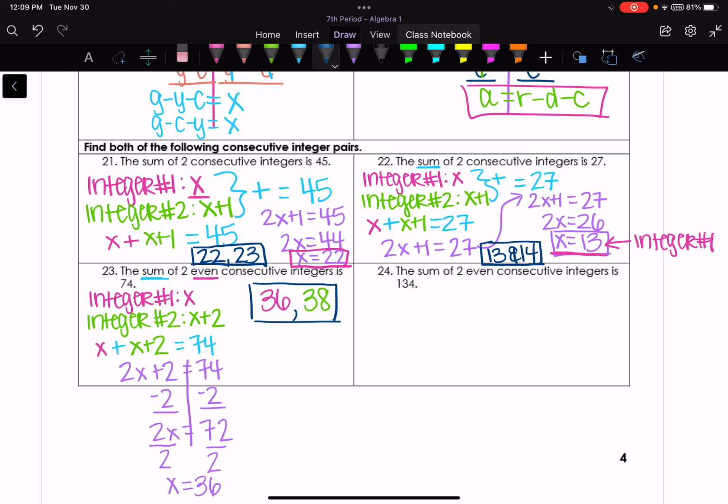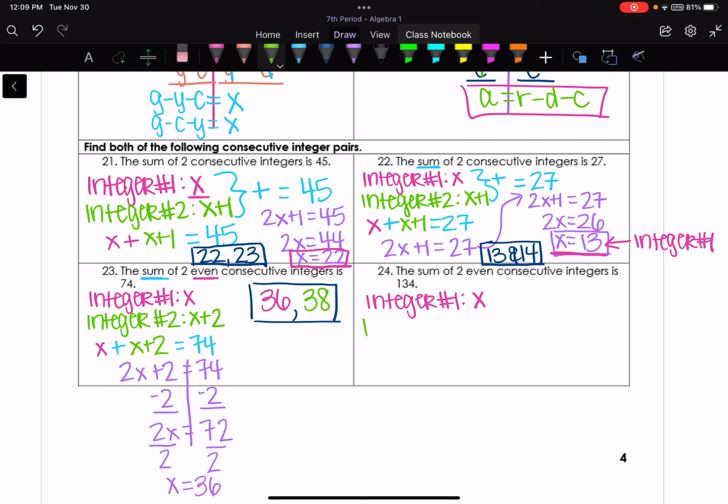The last question that we have, it says the sum of 2 even consecutive integers is 134. So again, we are going to set this up exactly how we saw it in number 23. So we have integer number 1 is always going to be represented by x. We don't know what that integer is.